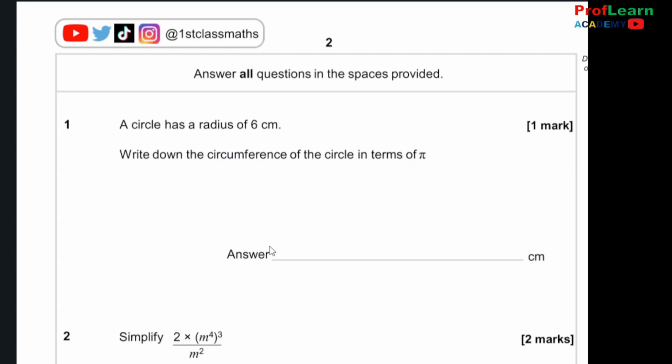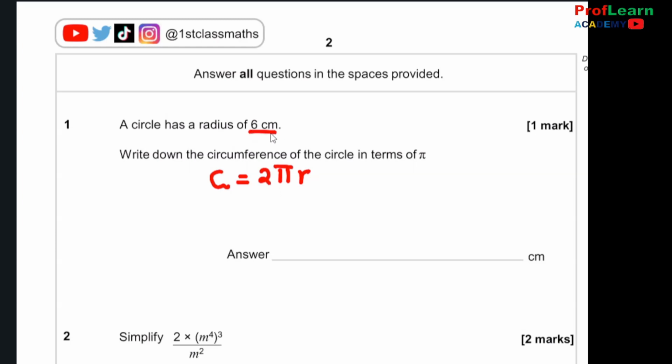I want us to go to the first question, where we are told the circle has a radius of 6 centimeters. Write down the circumference of the circle in terms of pi. You must know that the circumference of a circle is given by the formula 2 pi r, where r is the radius.